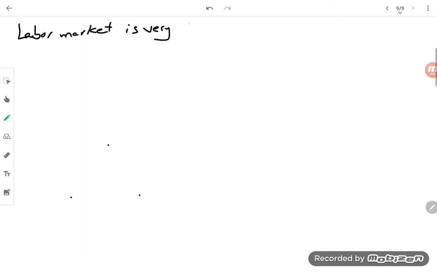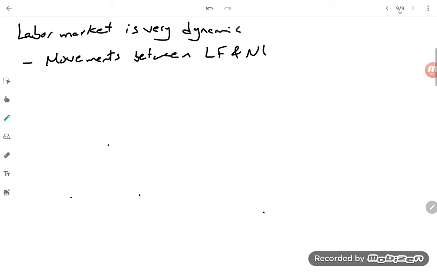So the labor market is very dynamic, as there is a movement or flows between labor force and not in the labor force, in terms of those who leave the labor force by retiring or by dropping out.